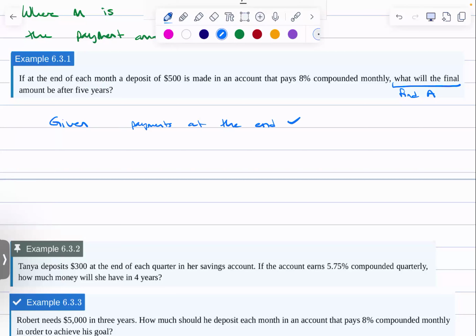And so M must be $500. That's that regular payment that we're making, and that's what makes it an M. R is 0.08 and N is 12, monthly. And the payments were made monthly.